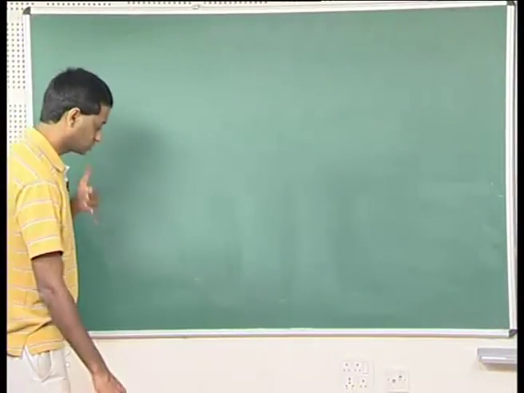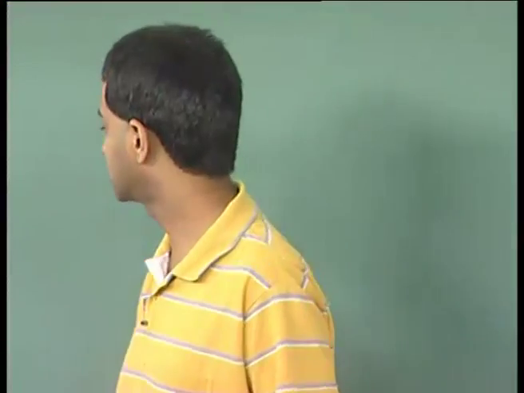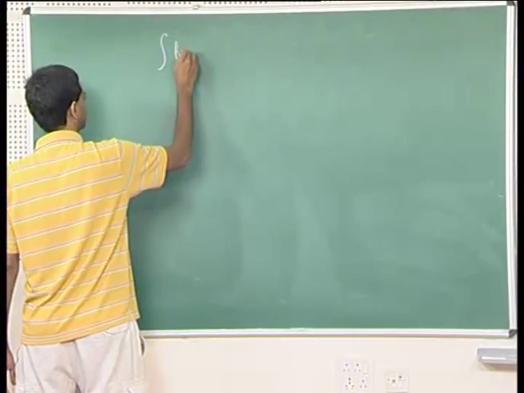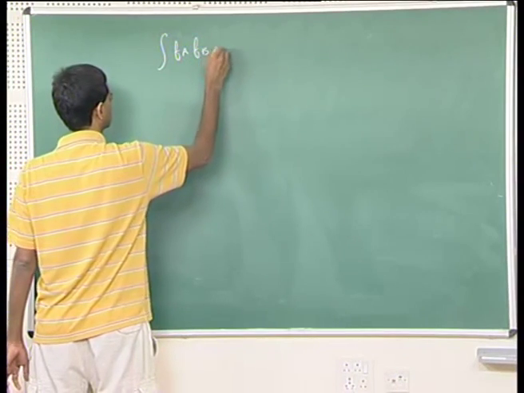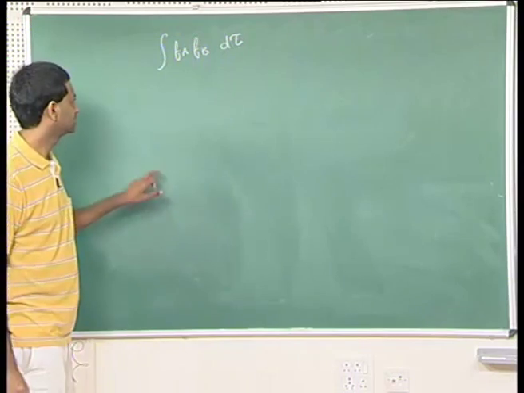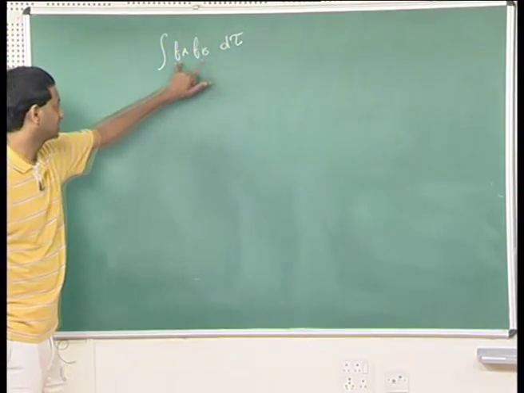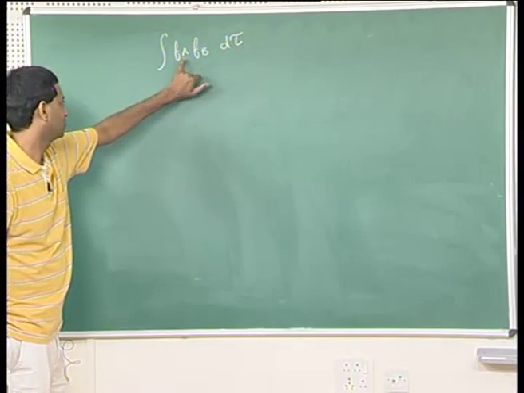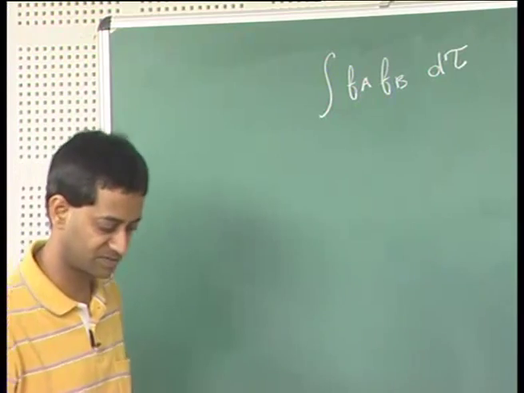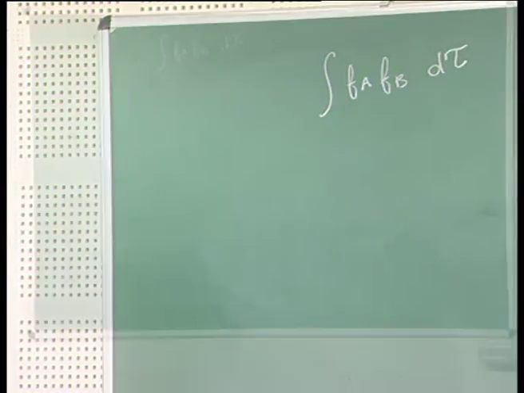To see a very simple application of these direct products, let us consider an integral, f_a f_b d tau. We want to think of these as basis functions from two representations.